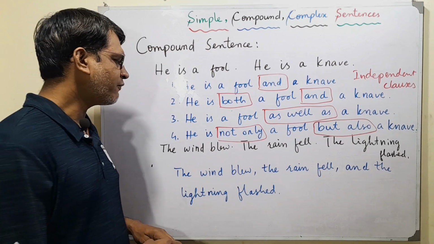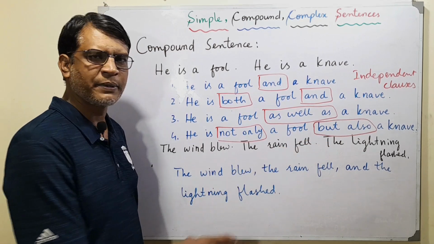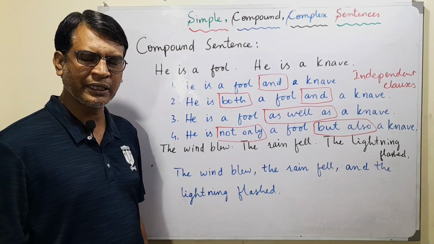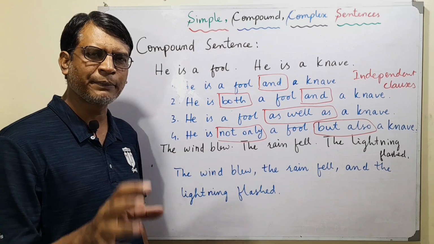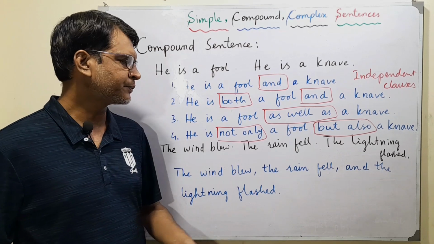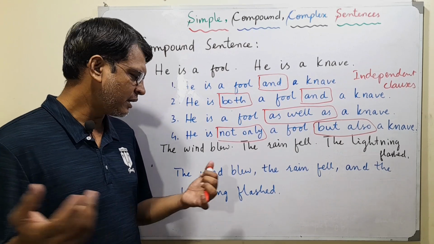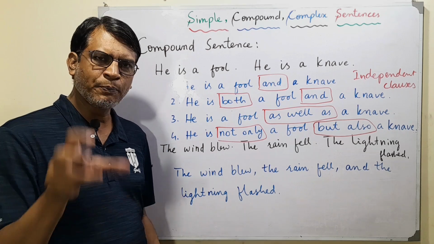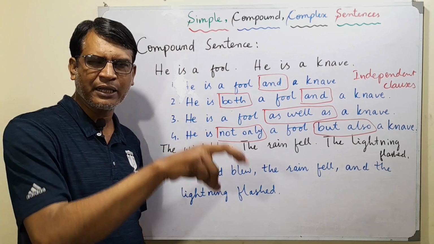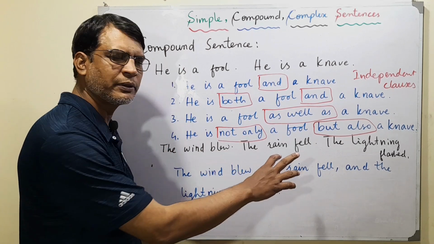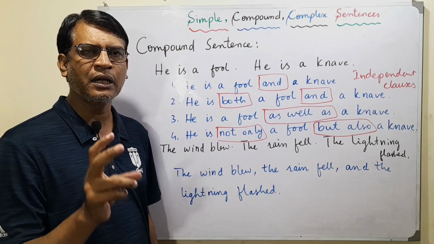If we separate all three pieces, they will be independent and have their own complete meaning. The wind blew, fine. The rain fell, fine. The lightning flashed. No piece is depending on the other piece. All three pieces are called independent clauses.